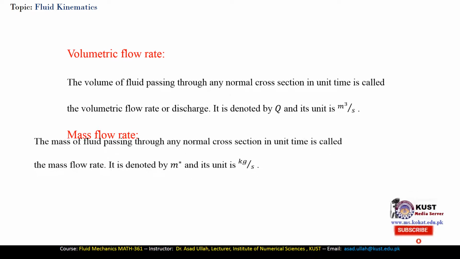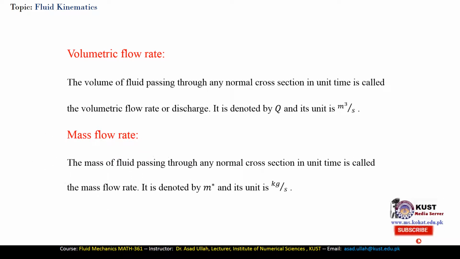Similarly, what is mass flow rate? The mass flow rate, that is the mass of a fluid passing through any normal cross section in unit time, is called the mass flow rate. It is denoted by m star and its unit is kilogram per second.